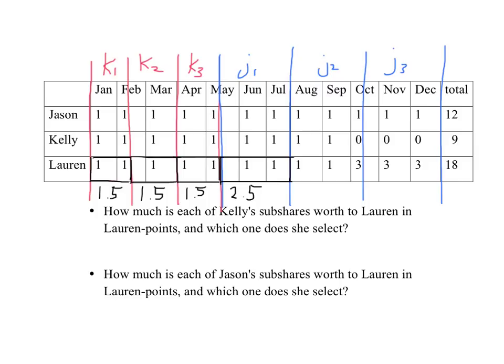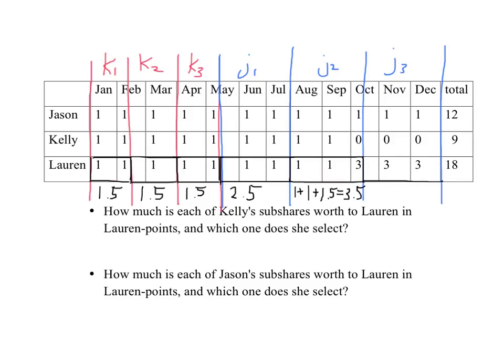J2, that's 1 point from all of August, 1 point from all of September, and half of 3 points from half of October, so this is 1.5 Lauren points right here, for a total of 3.5 Lauren points. 1 plus 1 plus 1.5 is 3.5.